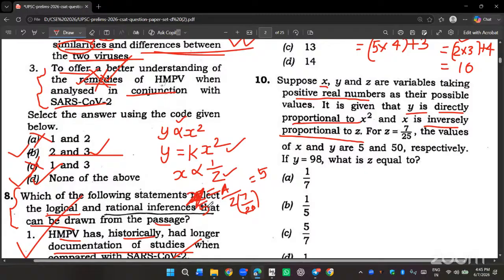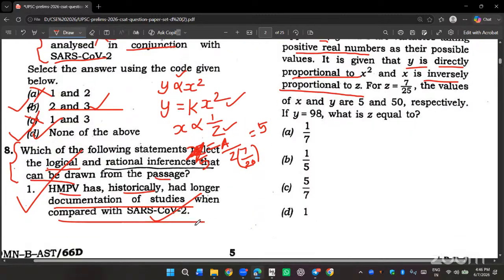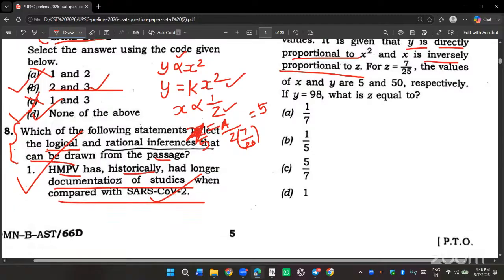Neil, you have asked one doubt. Sir, if I understand right, facts and paragraphs need to be treated differently. Yes, when you are asked to give your inference about the passages, you can treat it differently. In the last problem, here inference only. Author did not say that longer documentations were made, well studied, but a longer documentation, this word was not used by author.